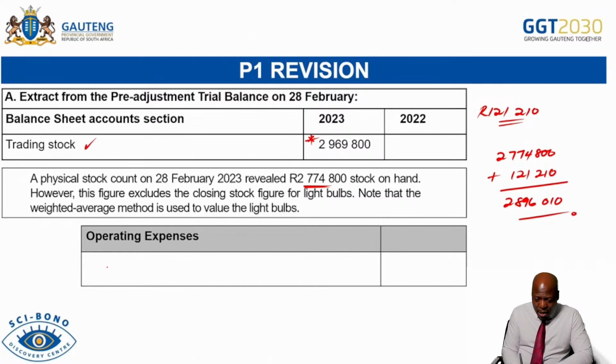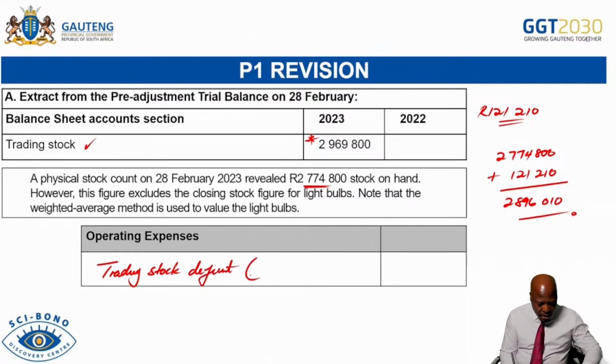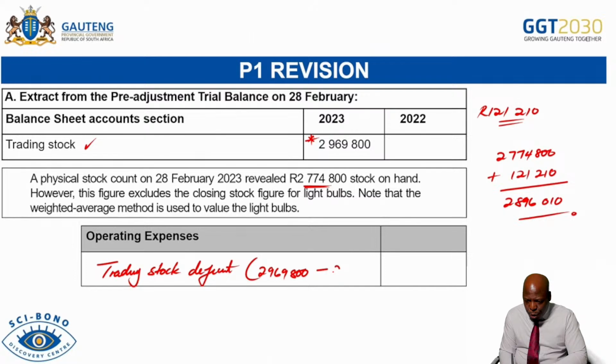A trading stock deficit. So I can come here and say trading stock deficit. And I can calculate this very easily, where I can take my 2,969,800 and then I can subtract my 2,774,800. Remember, this is in bracket, and then I'm going to add my 121,210.